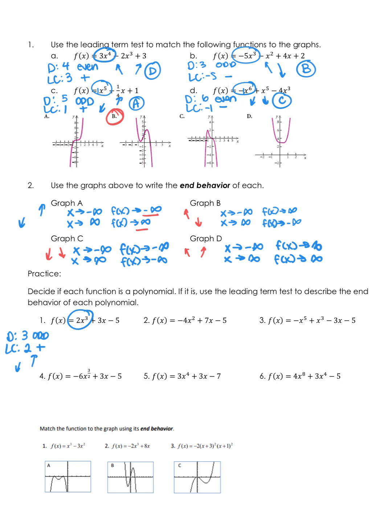So then what you're really doing here is you're describing the end behavior. So what it says, determine if it's polynomial. If it is, using the leading term test to describe the end behavior, right?